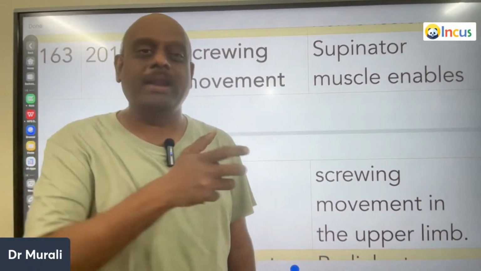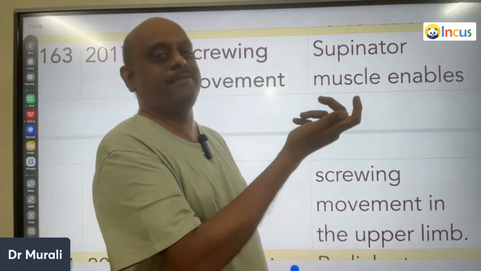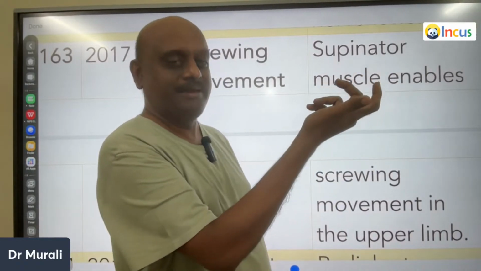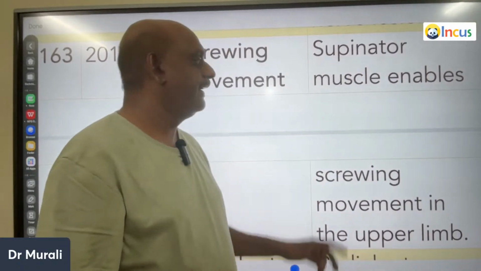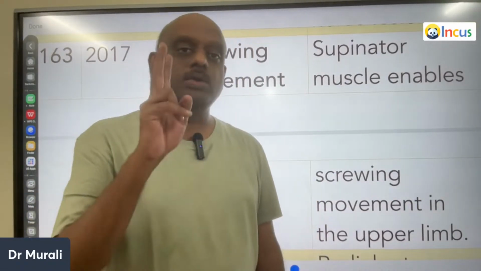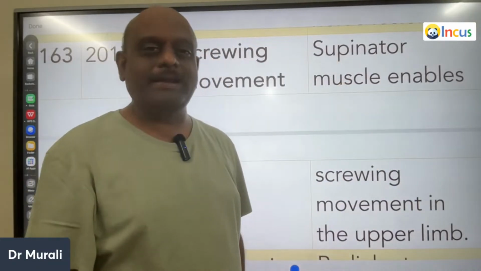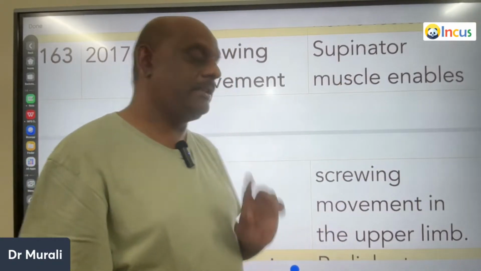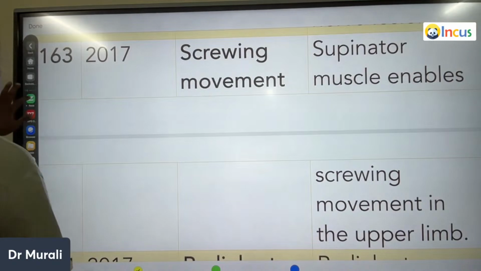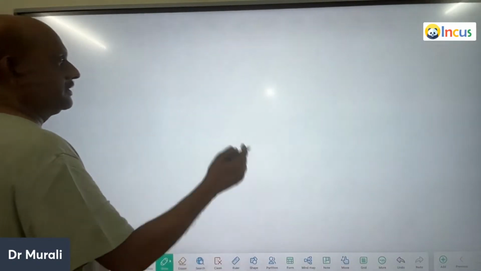This supination is involved at the time of screwing any nail or anything, and it is the supinator. Please remember, there are two muscles which help in supination: one is supinator, the other is biceps brachii. This is the funda which you need to be very, very sure about, doctor. So let us become very clear about it.